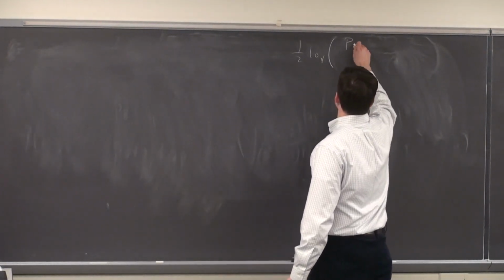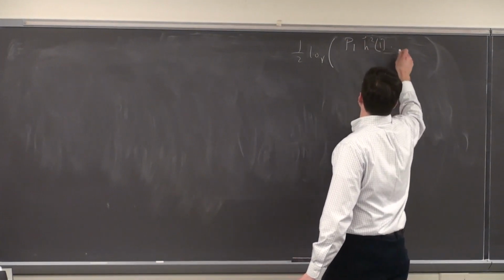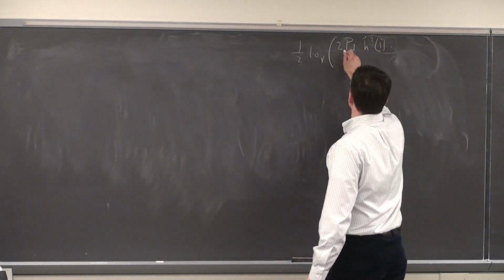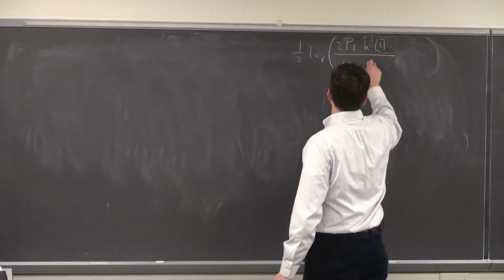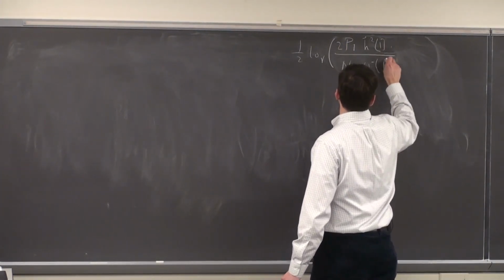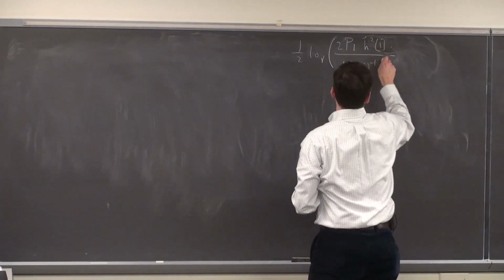I can do this from memory, P1, H1 squared, divided by n, Q inverse of P_e over 4, squared.